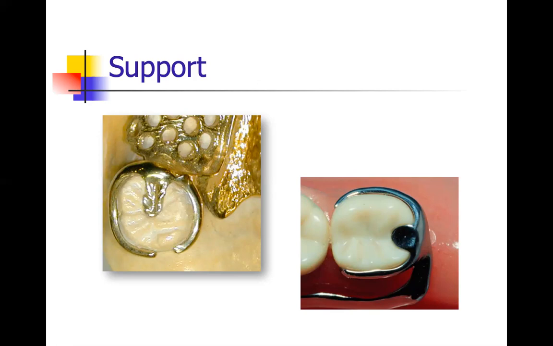A properly prepared rest seat and corresponding rest serve to resist displacement of the prosthesis towards the supporting teeth and soft tissues. Rest transmits functional forces parallel to the long axis of abutments.